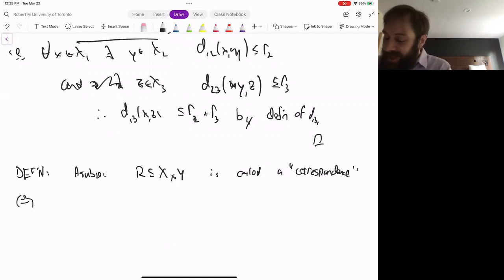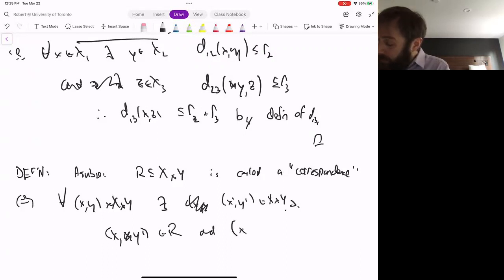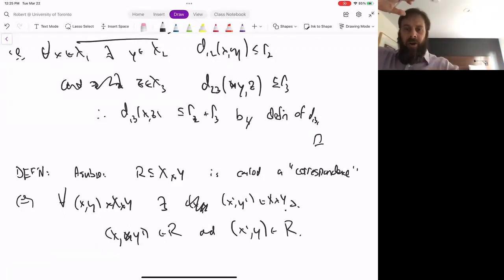If and only if, for every x, y in the product space, there exist x prime and y prime in the product space such that x is related to y prime and x prime is related to y. So in other words, the projection of R onto both X and Y is onto.